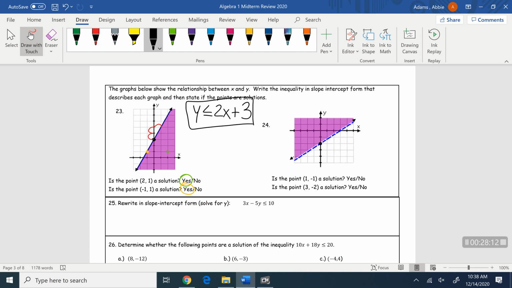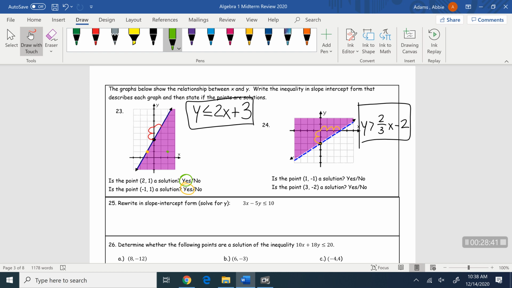The y-intercept is at negative 2, and our slope is going to go up 2, to the right 1, 2, 3. So I know I'm going to have 2/3 x minus 2. And it is a dashed line shaded above, so y is going to be greater than 2/3 x minus 2. Let's look at this first point, (1, -1).